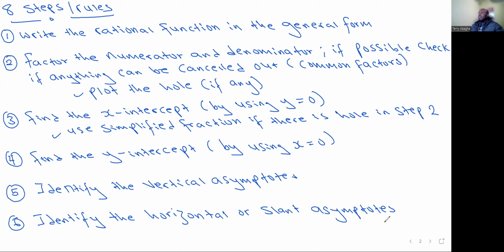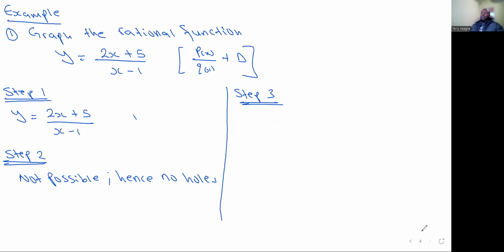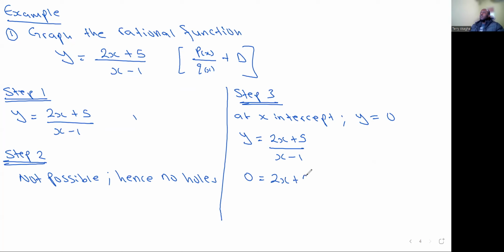To find the x-intercept, we know that at the x-intercept, y is equal to 0. So we have y is equal to 2x plus 5 over x minus 1, and at the x-intercept y is 0, so 0 will be equal to 2x plus 5 divided by x minus 1.